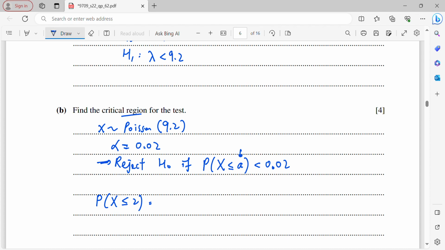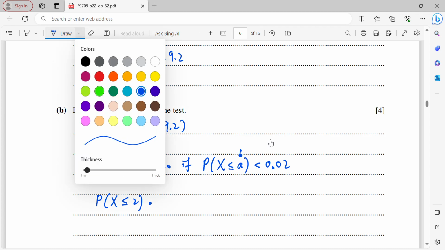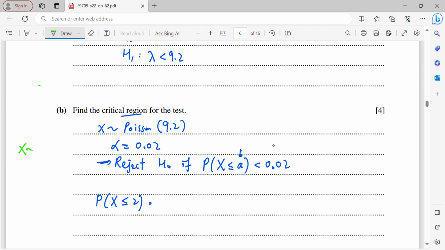So when P(X ≤ 2), since this is Poisson, use the same formula as just now. X is Poisson distributed, Po(9.2), then P(X = x) is e to the power of negative lambda, lambda to the power x over x factorial. So here I get e to the power of negative 9.2, which is a constant.